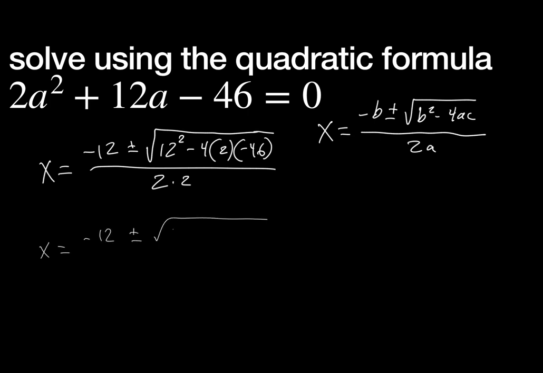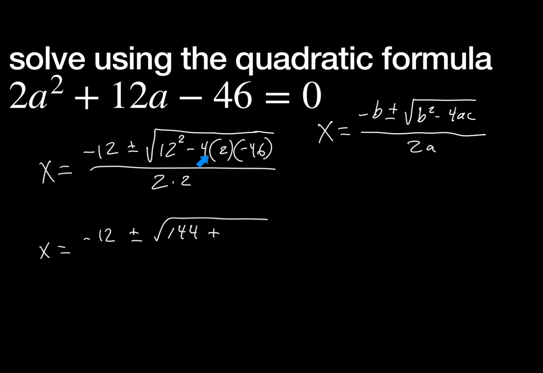So inside here, we're going to have 144 plus what number? 46 times 2 times 4. I ended up with minus 368. Yeah, so what happened was if you end up with a negative, it's because it's minus in the formula. And oftentimes, because that's a negative 46, we forget that it's a negative times a negative, which is positive.